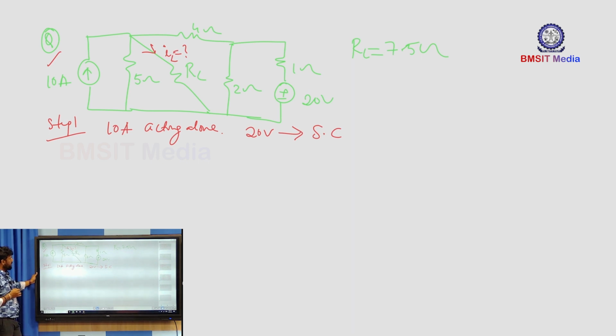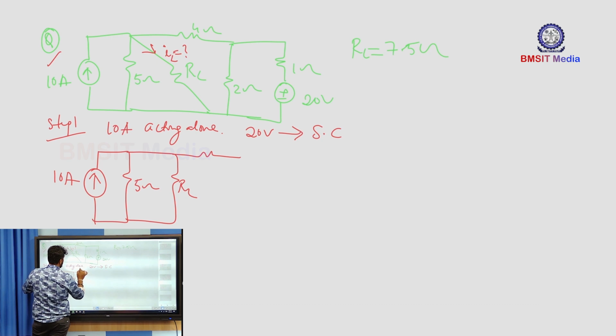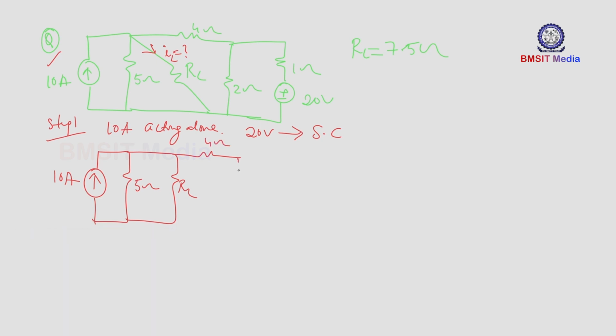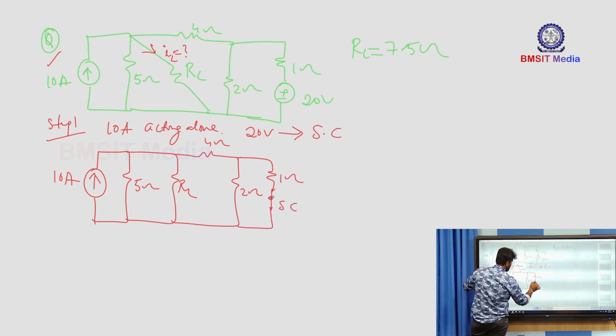So, what is the resulting network we will get now? The resulting network has a 10 ampere source, a 5 ohm resistance, RL and 4 ohm, and this 2 ohm resistor and 1 ohm resistor, and the voltage source is made a short circuit.